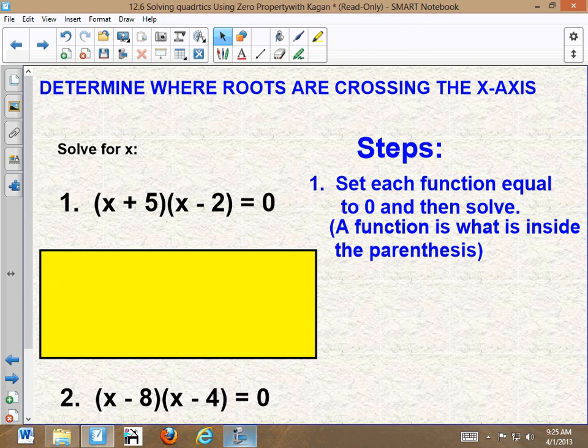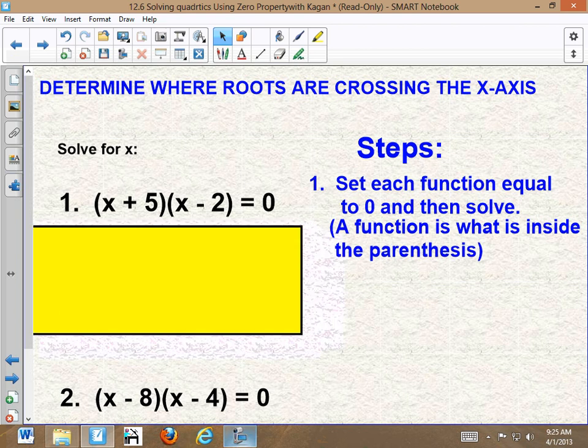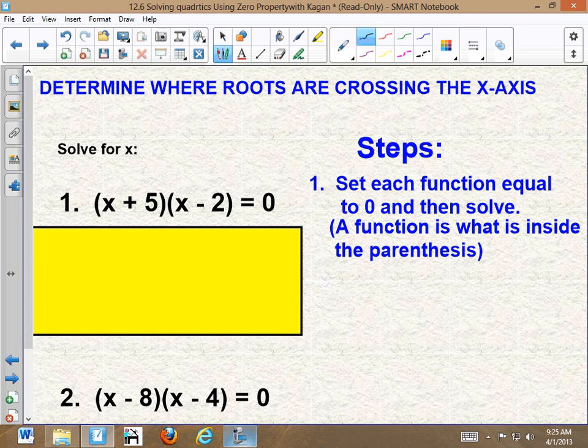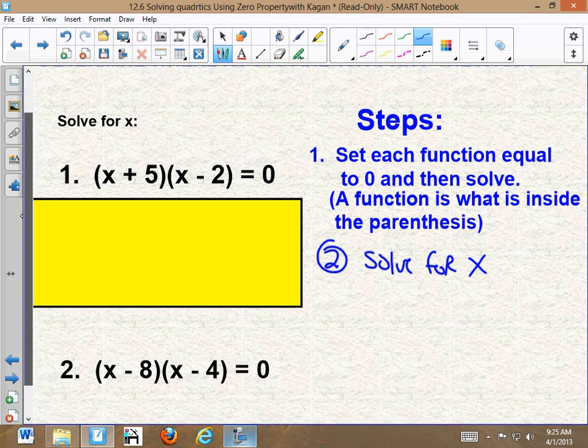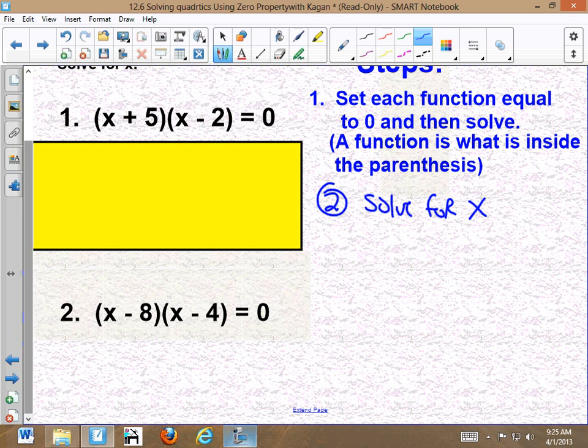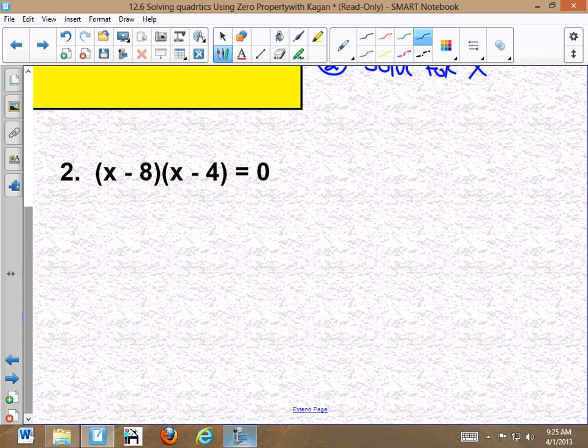Set each function equal to 0 and then solve for x. Go ahead and do number 2. Pause the video. When you're done, go ahead and start the video back up again.